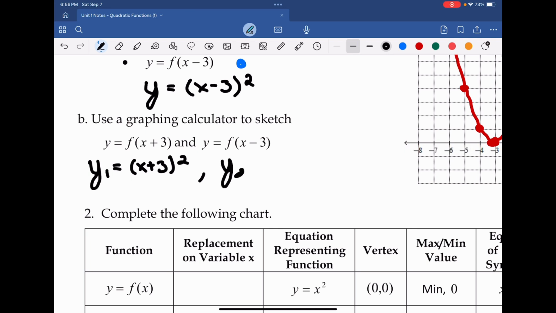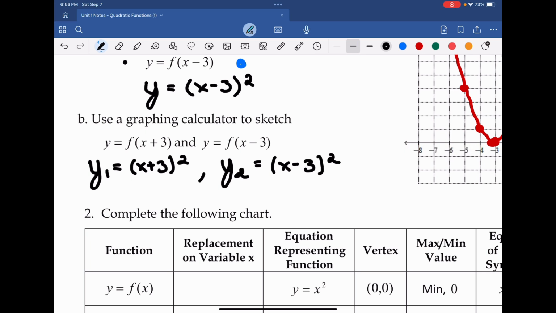Into your y2, or your second function input, we're going to write x minus 3, all raised to the power of 2, or (x - 3) squared. When you graph this, if you have the color calculator, it's nice because it will show you the 2 different colors. If you have the Casio or even the regular TI-84, you're going to find that these will just be black and white, but no worries, you'll still get the visual out of here.